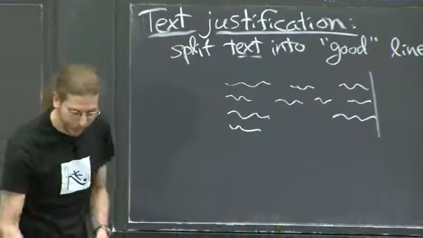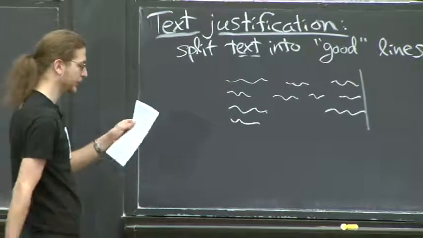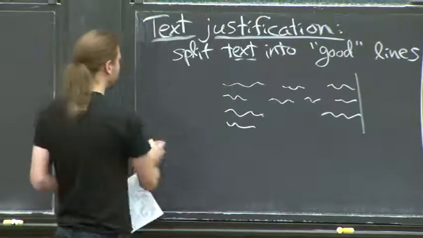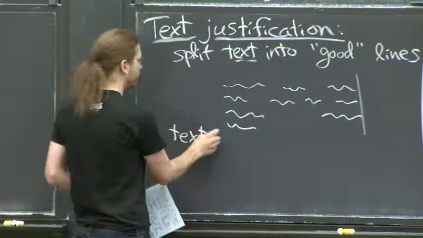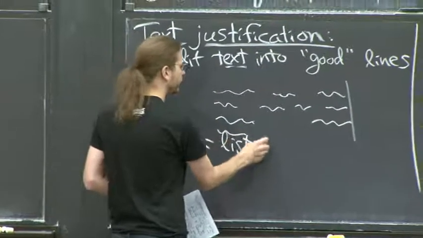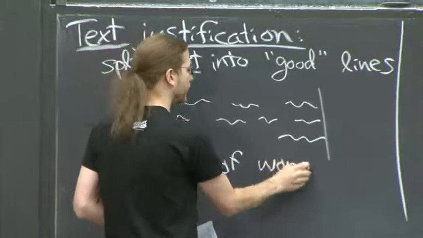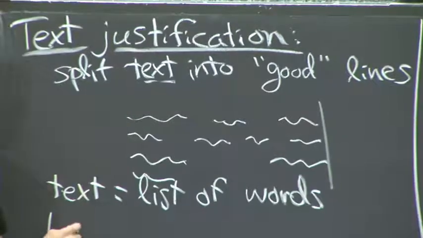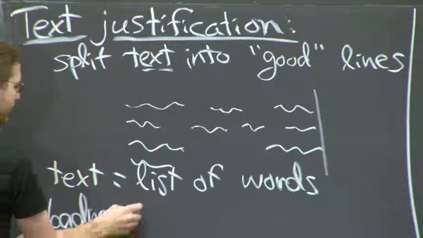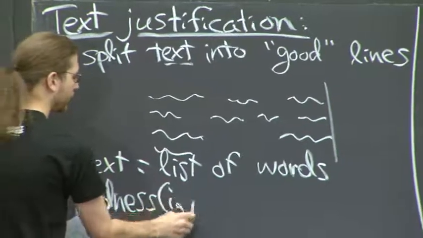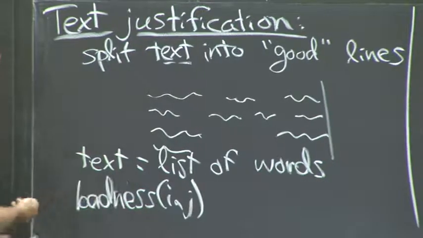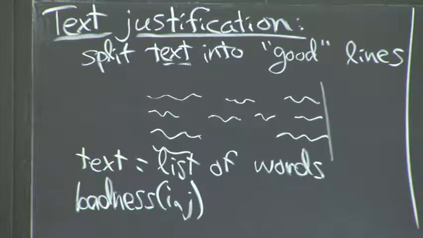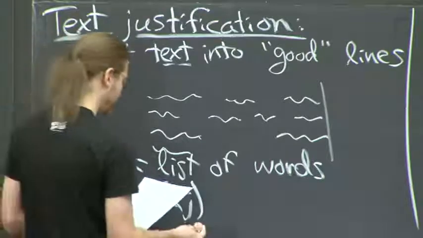So let me specify a little bit more about what we mean here. The text we're going to think of as a list of words. And we're going to define a quantity Badness. This is an aesthetic quantity, if you will. I'm going to tell you what LaTeX uses.